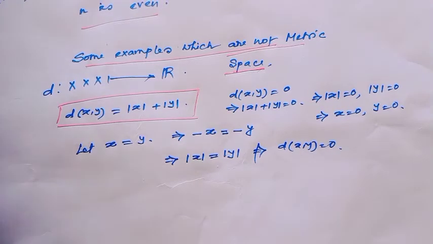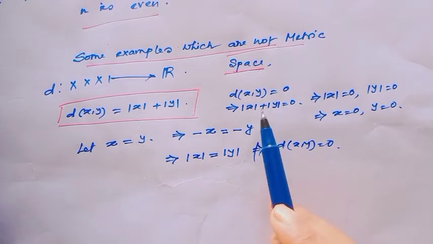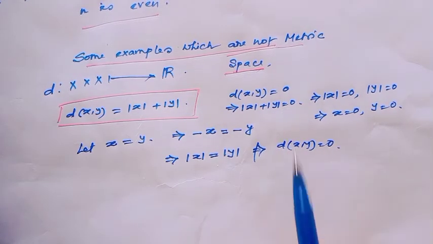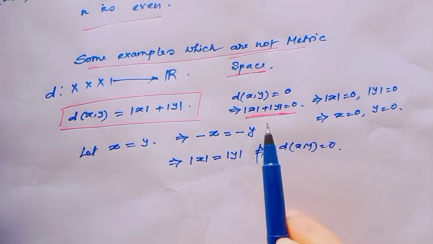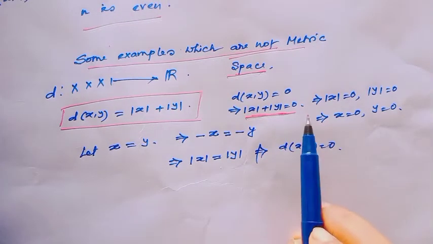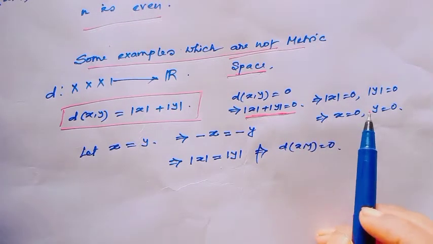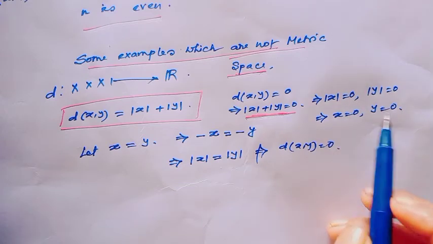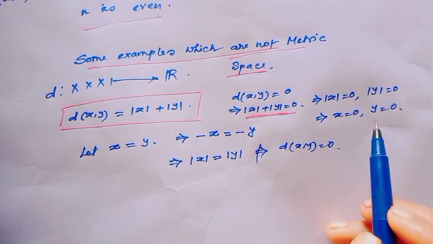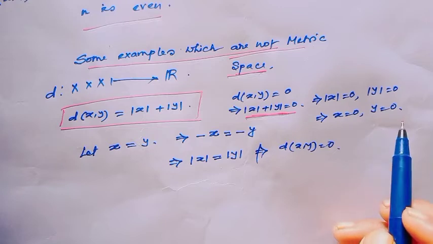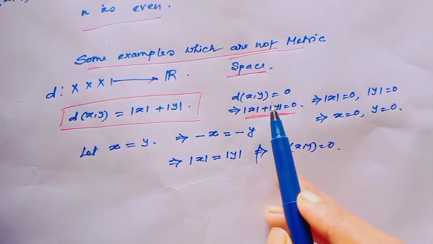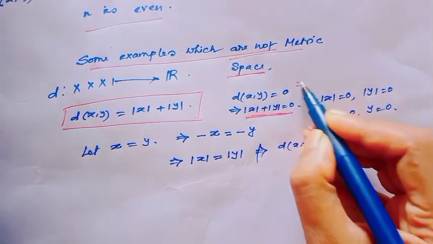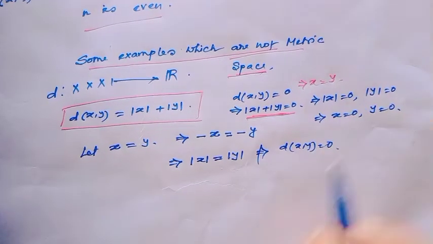At first verify it. d of xy equal to 0 implies obviously mod x plus mod y equal to 0, and that implies mod x equal to 0 and mod y equal to 0, which implies x equal to 0, y equal to 0. That means I have got d of xy equal to 0 implies x equal to y.